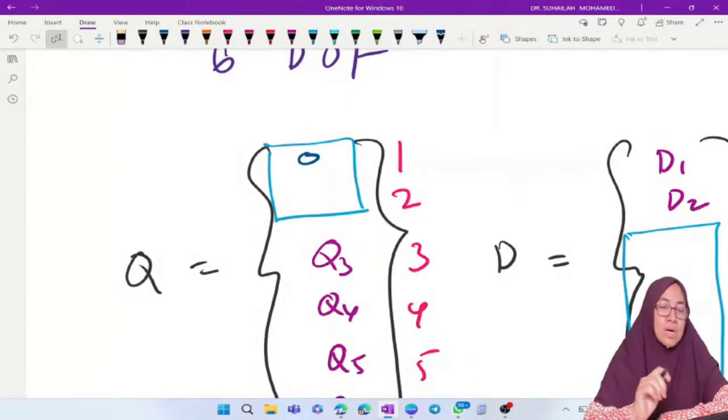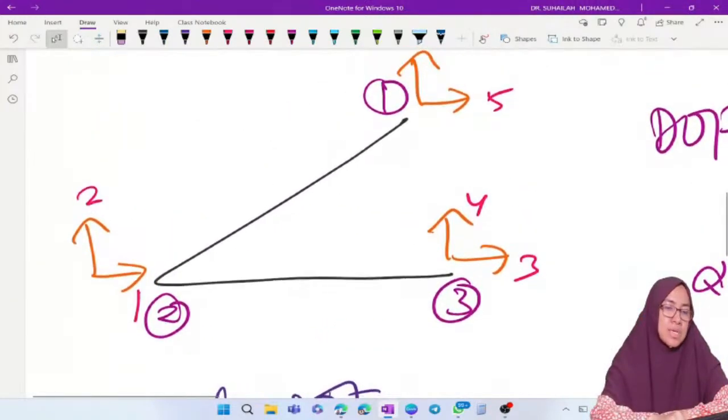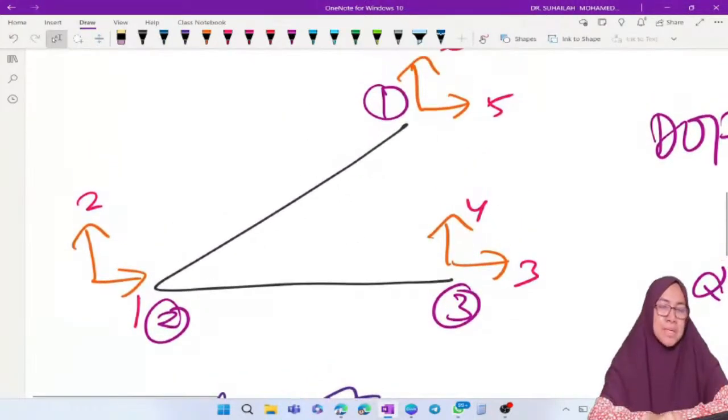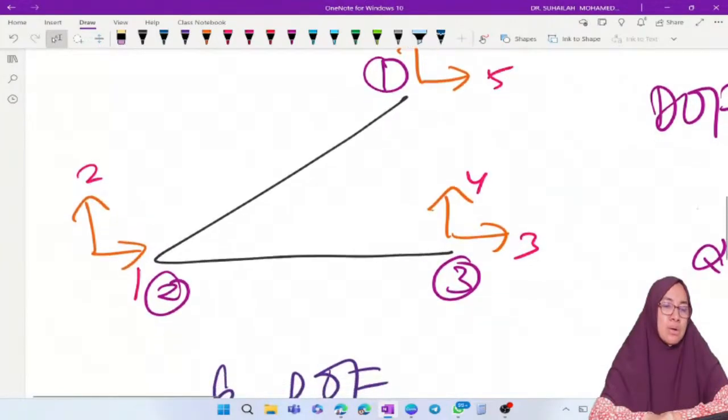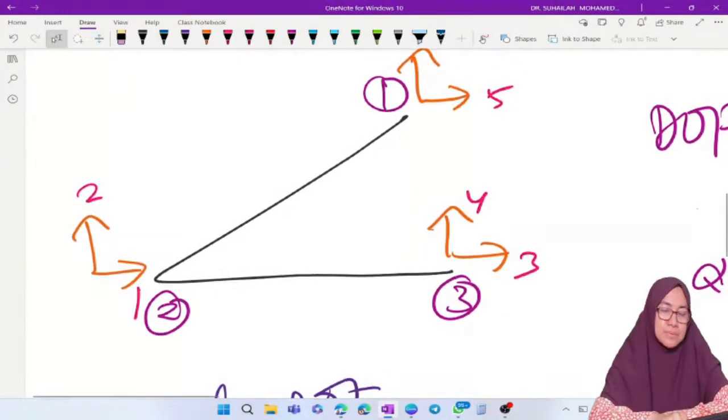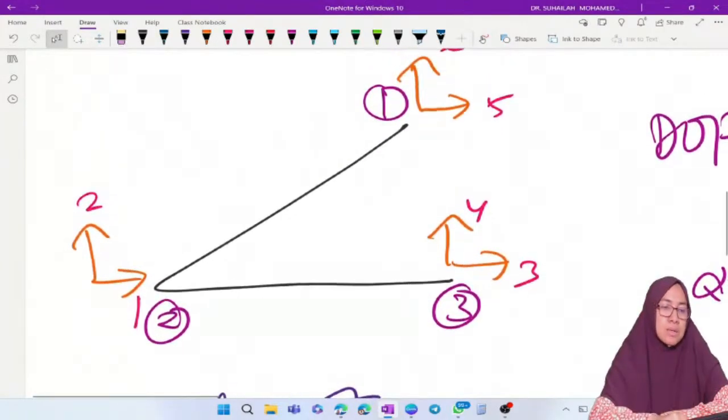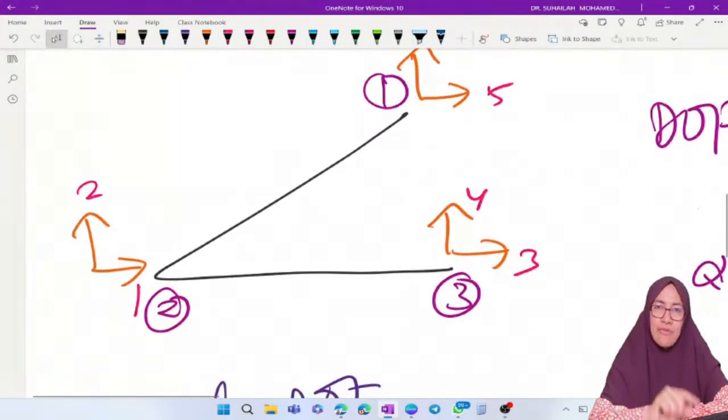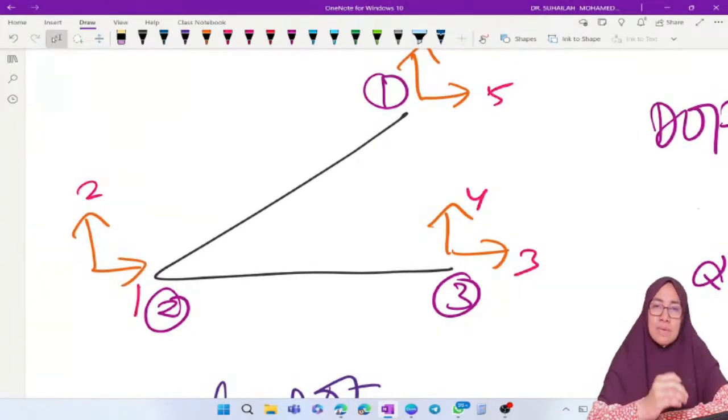Q2: look at the degree of freedom at node number 2. DOF2 means, in terms of Q, force in the vertical direction. Is there a vertical force at node number 2 given in the question?